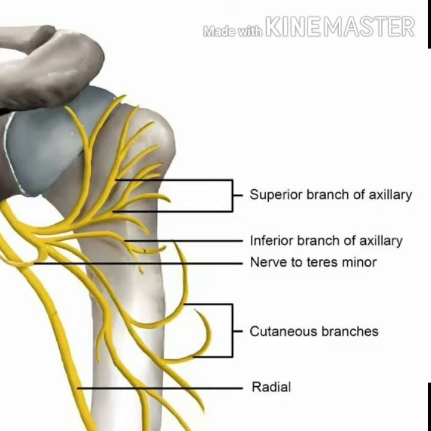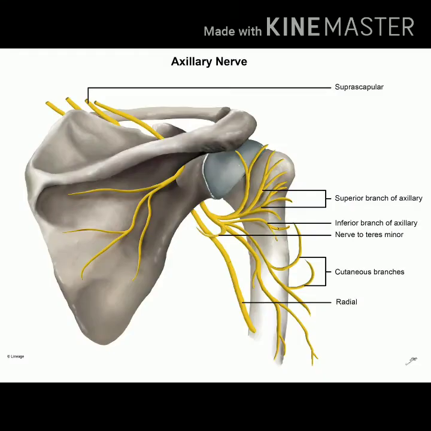Watch the figure and you will see clearly what is going on. Then the nerve passes backward through the quadrangular space, accompanied by the posterior circumflex humeral vessels, and has the following relations.